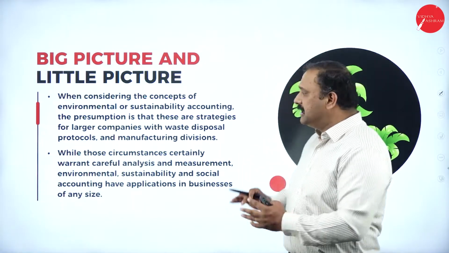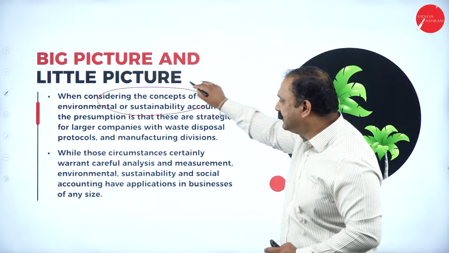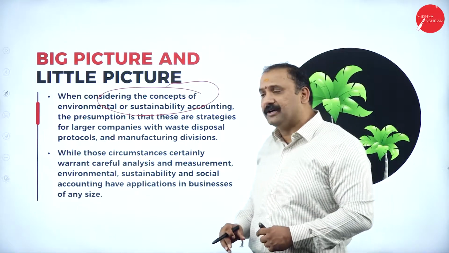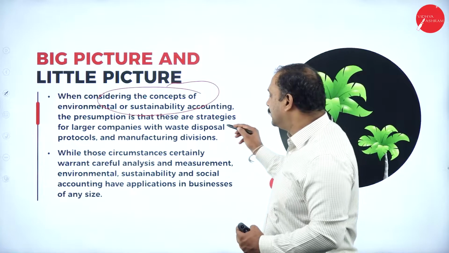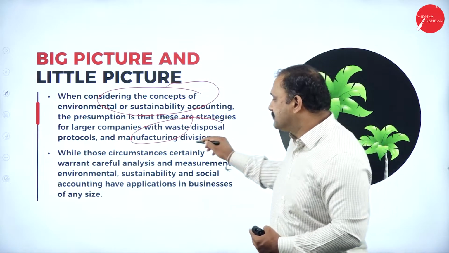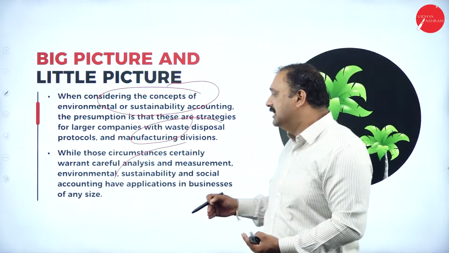Now, we are also talking about a very, very important factor called the big picture and the little picture. The big picture here is that when you start considering the concept of environmental sustainability and accounting standards altogether, the presumption of this strategy is that larger companies with waste disposal protocols and manufacturing, those circumstances definitely warrant careful analysis and measurement.